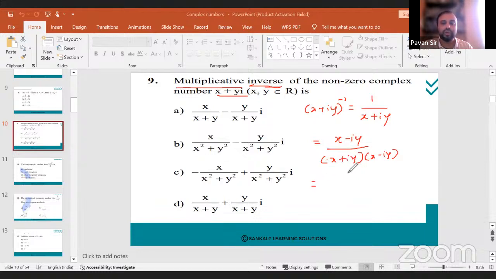It is x minus iy upon x plus iy into x minus iy, a plus b into a minus b, which is a square minus b square. But i square is minus 1, minus 1 of minus 1 is plus 1. So it is x square plus y square. Which option is correct? Just check it out.